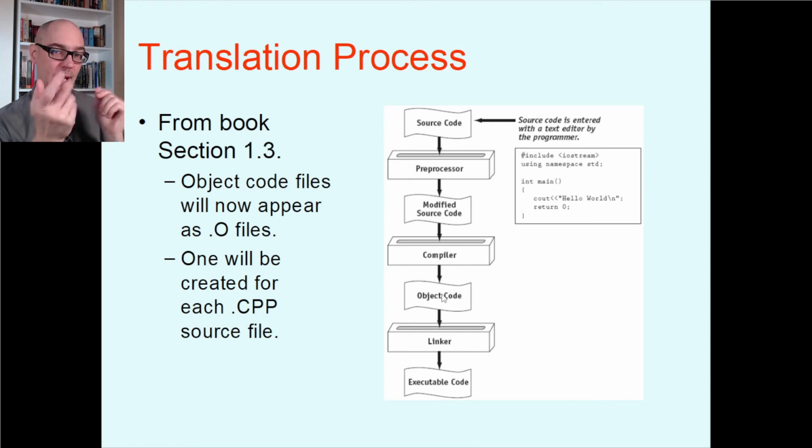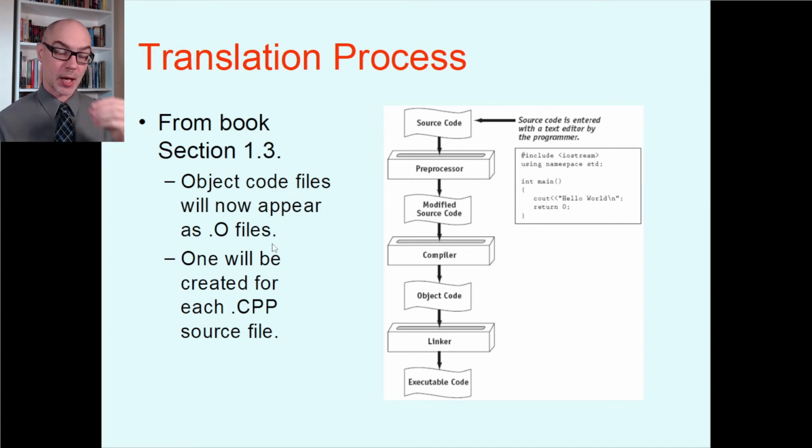And for us now, it's going to start creating a separate .o file to contain the object code produced from each separate source code file. So if I have rectangle.cpp, the compiler translates that and prints out rectangle.o. And if I have telephone networks.cpp, the compiler will translate that and print out telephone networks.o, the object code that's actually the result of the compiler. That's what it says over here.